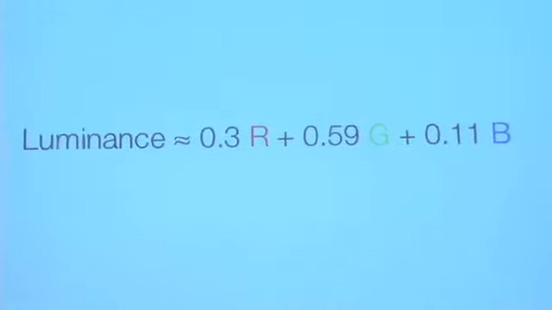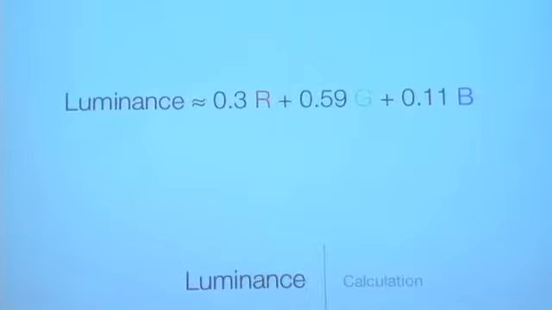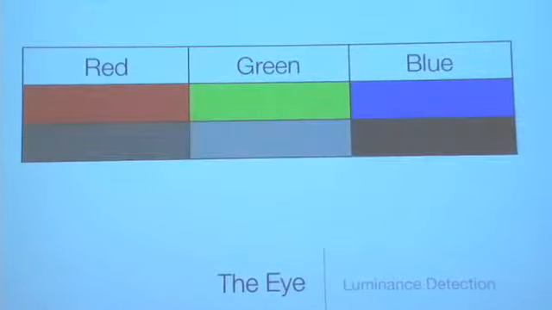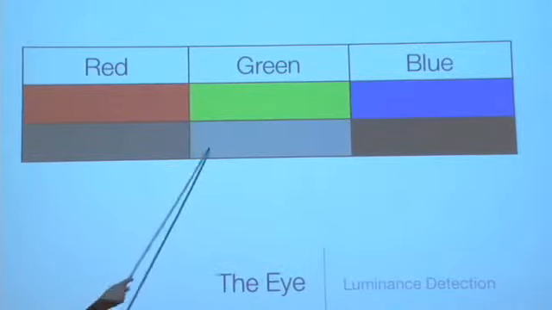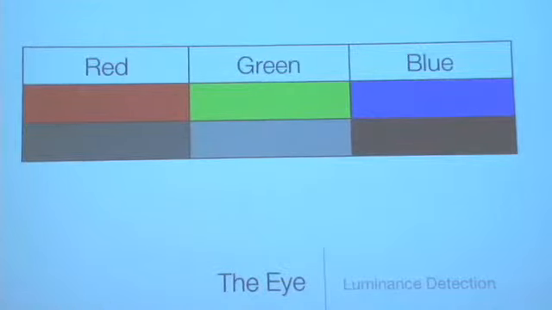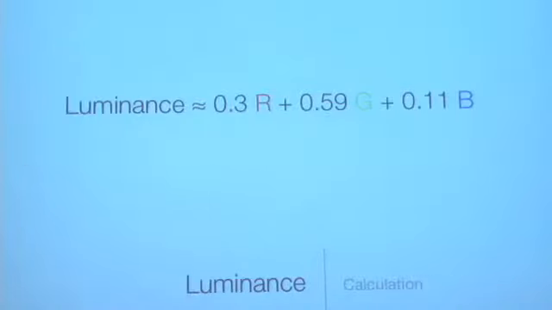On a scale of 0, which is completely dark, to 100%, which is completely light, this is about how much each of these colors appears to us in brightness. So 60% is green, so the majority of the brightness comes to us from green. Then half of that is red, and then poor old blue over there has the short end of the stick, so to speak. So we can say that the green is twice as important as the red when we're taking color into account and converting it into black and white.